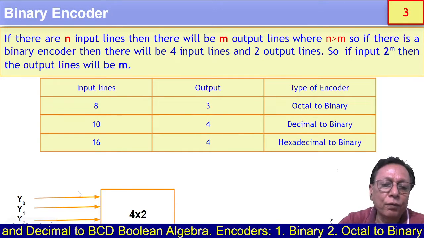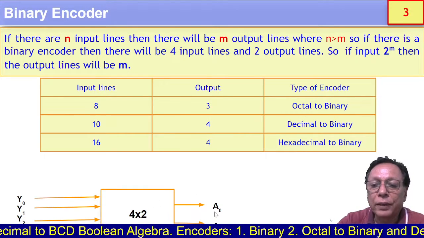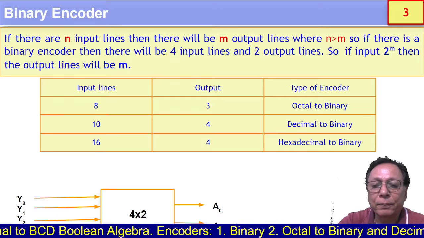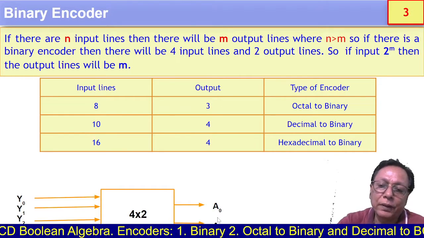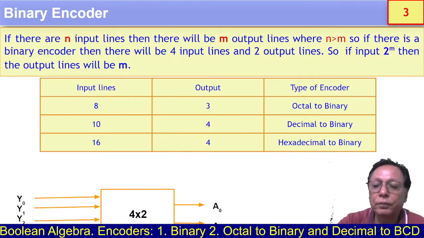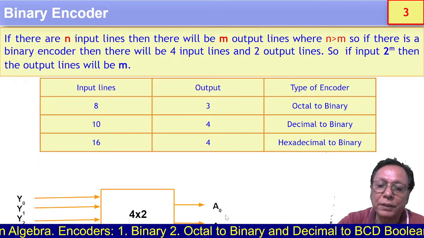So I have 4 input lines, and on the other end I am getting 2 output lines, A0 and A1. Here we'll discuss the A0 output and the A1 output. There will be a separate combination table.